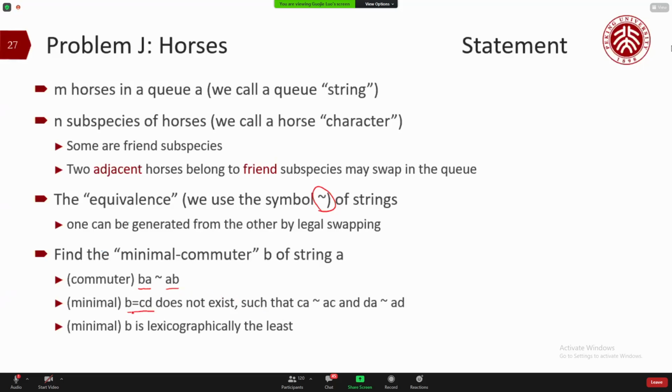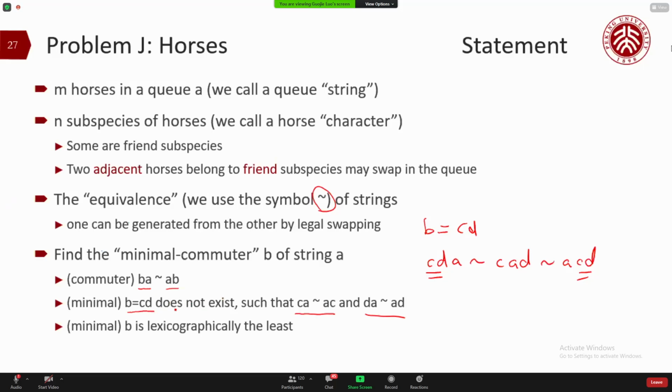If B can be decomposed and C and D are also commuters, then B is not minimal, right? Because B equals CD, for CDA we can convert it to CAD and then ACD. Because B is not minimum if it can be decomposed, we do not need to count these Bs.